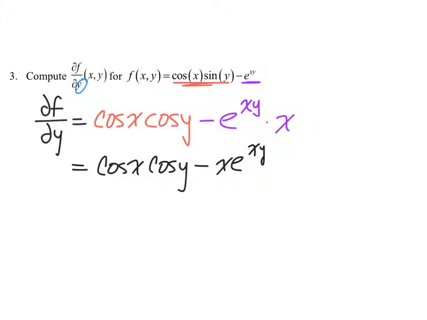But consider again that you're taking the derivative potentially with respect to y. If that's the case, then x is a constant multiple of e to the xy. Now, if I have to take the derivative of this with respect to x, that's a different story. Because each factor of the product has an x in it, you would have to use the product rule in that case.